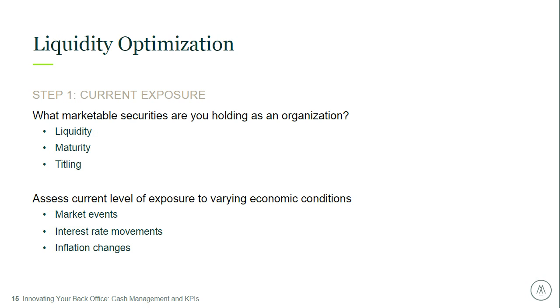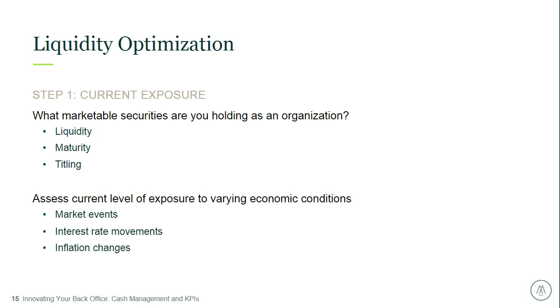And so the first step here is take a look at your current exposure. What marketable securities do you have on hand, and what's the status of the liquidity, maturities, and titling of those assets? This could be super easy. Maybe you just hold cash, or maybe you have several laddered CDs because you're in a CDARS program.